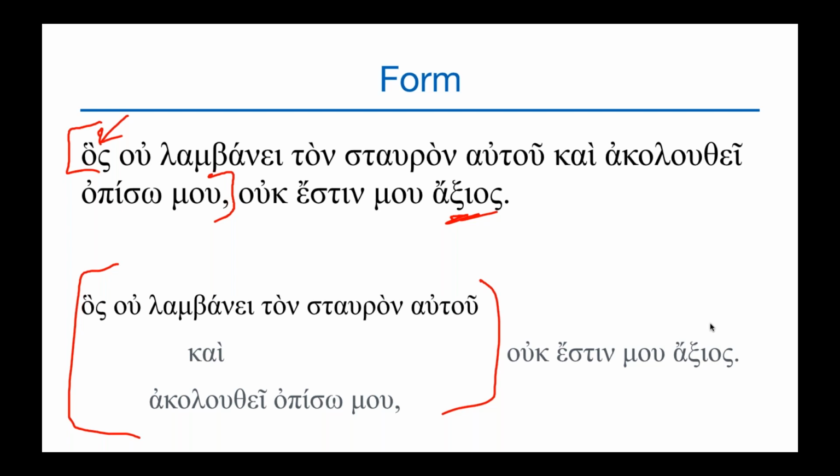If you took away the whoever, and changed it to, I guess, like the one, this particular one still wouldn't be able to stand alone. The point of it is that this whole thing functions like a noun. Okay, so which one? The whoever is not willing to take up his cross.